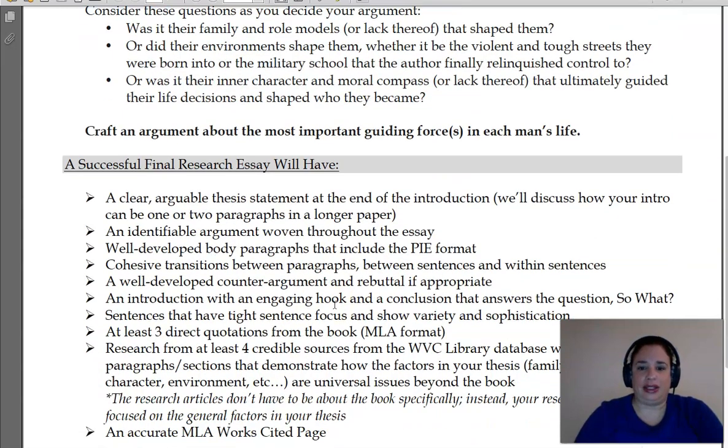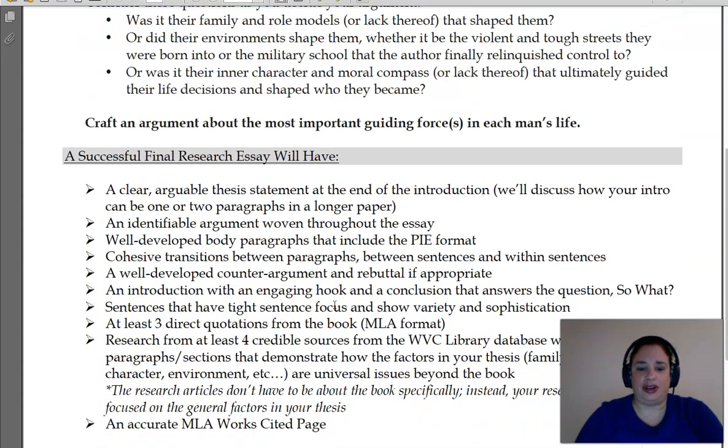Okay, and then let's look at the criteria for grading before we jump back over to how we start approaching this essay. It's going to look similar to what we've been working on all semester. So of course you need a clear thesis, and we'll talk about how your introduction can look different.